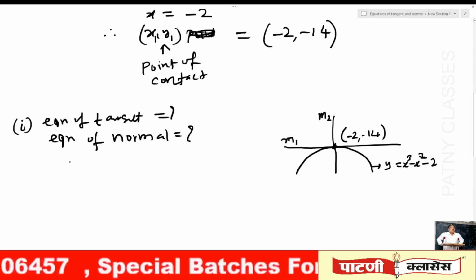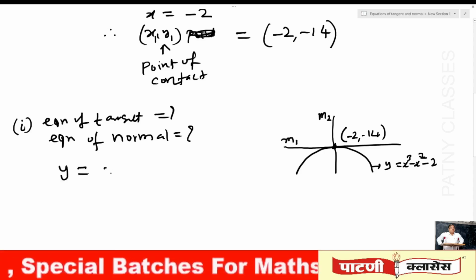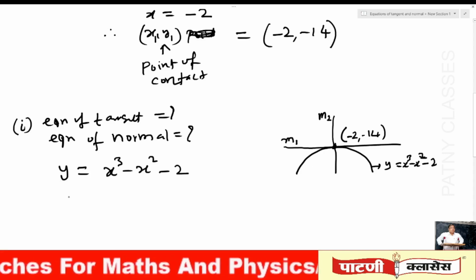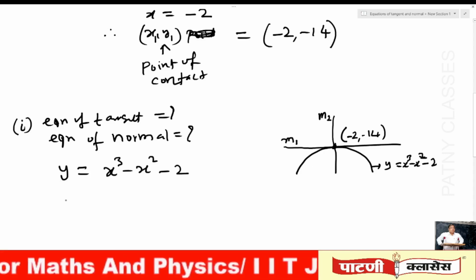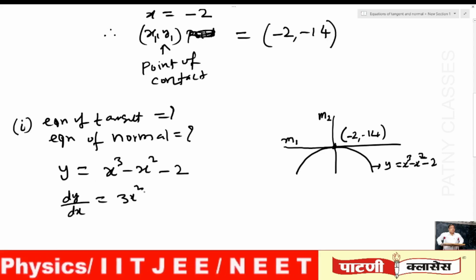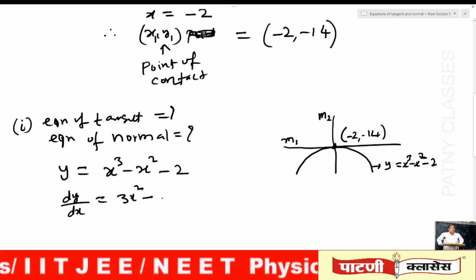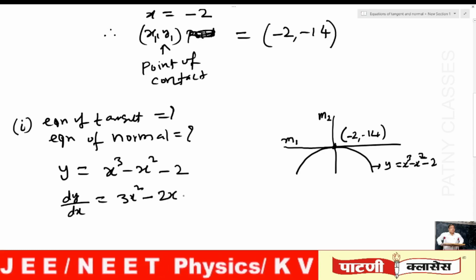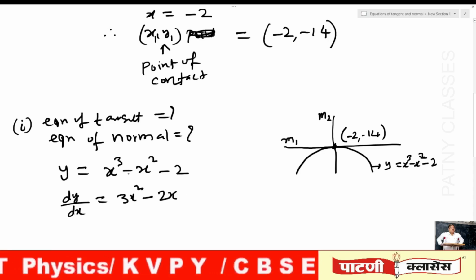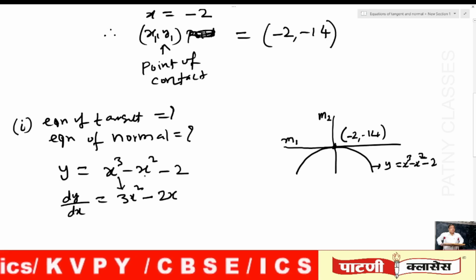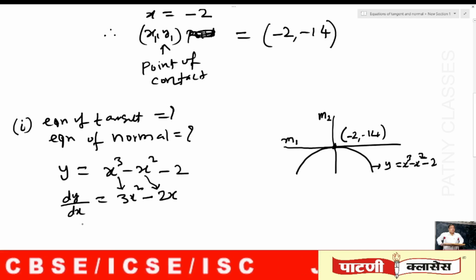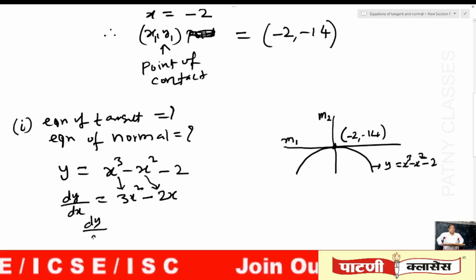So first we take y equals x cube minus x square minus 2, and find dy by dx, because dy by dx helps us find the slope of the tangent. So it is 3x square minus 2x: the derivative of x cube is 3x square, the derivative of x square is 2x, minus as it is, and the derivative of 2 is 0.